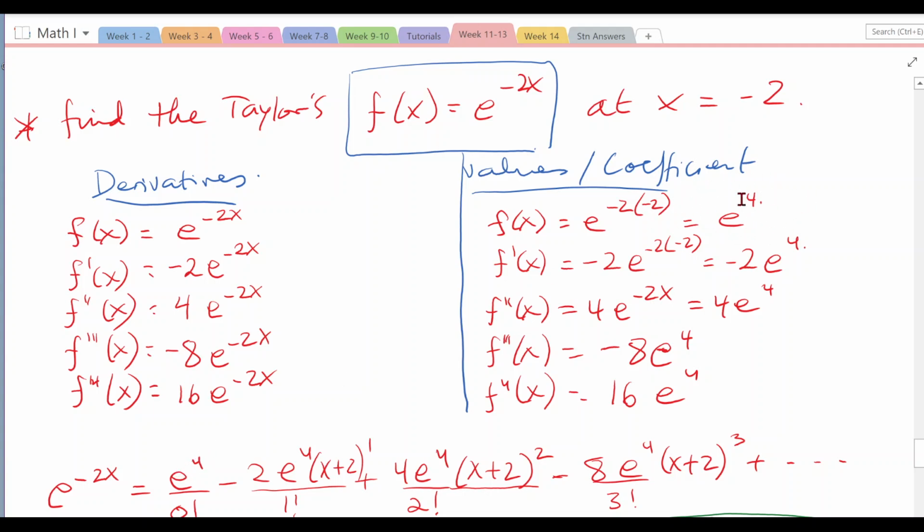The zero term is e to the power of 4 times x plus 2 raised to the power of 0, which is equivalent to 1, divided by 0 factorial, which is 1. So that's the zero term. The first term is following here. This is our first term: negative 2e to the 4 times x minus negative 2, so x plus 2, because the center here is negative 2.